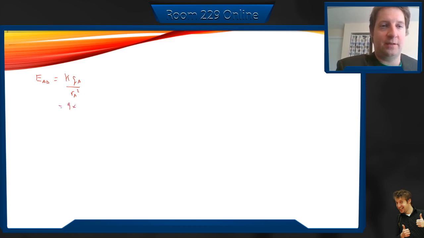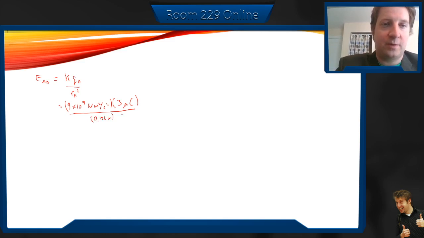So that's 9 times 10 to the 9 newton meters squared per coulomb squared, all multiplied by 3 microcoulombs, and the distance was 0.06 meters, all that squared.